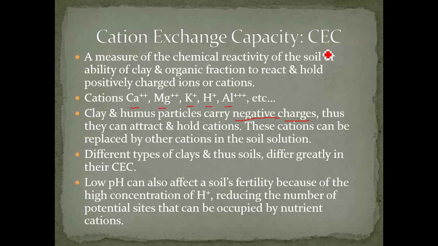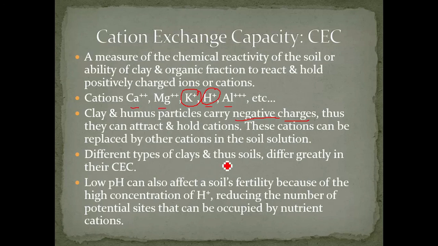When you take one off, you have to replace it with another. For example, potassium. When a potassium ion is held in place by a clay particle, in order for the plant to get that potassium ion, it's going to have to give something in return, and most often it will donate back to that clay particle a hydrogen ion.